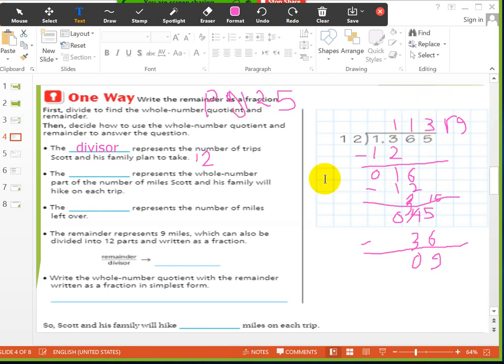That's quotient. So the quotient represents what? The parts, the long of the parts that they will hike in this trip. Okay? So the quotient right here, this is a quotient.